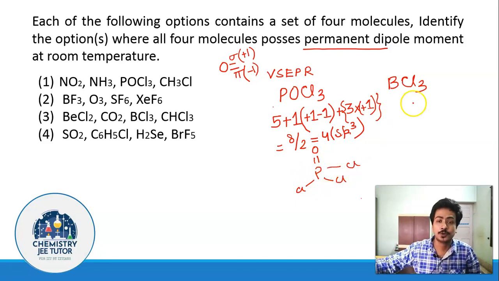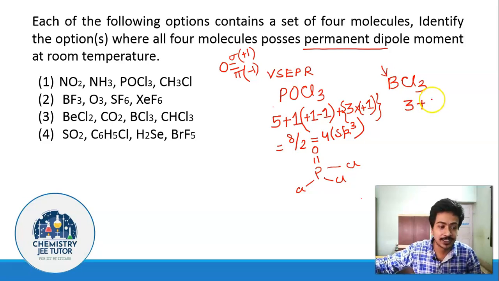In the same way, if we do BCl3, how many electrons does boron have in its valence shell? 3. Now chlorine is a monovalent species, so it is going to contribute +1. So we are going to write 3 into +1. So a monovalent species is going to contribute +1, and 3 stands for the number of that monovalent species present. Same is the case with the divalent one. We write the total number of atoms outside, that is we have one oxygen atom.